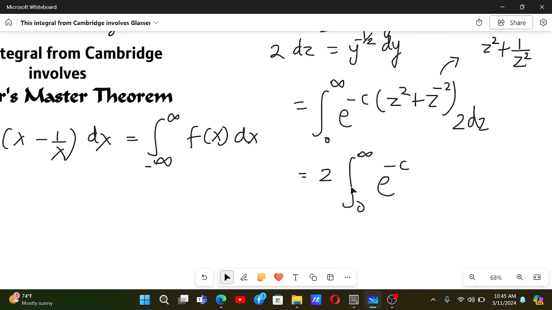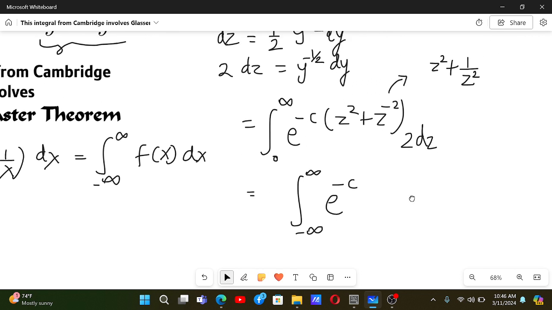Wait, before that we also need to convert the limits of the integral to minus infinity to infinity. For that, since this function is even, we can take this from minus infinity to infinity and remove the 2 over here, because the integral in the negative domain will be the same as the integral in the positive domain.